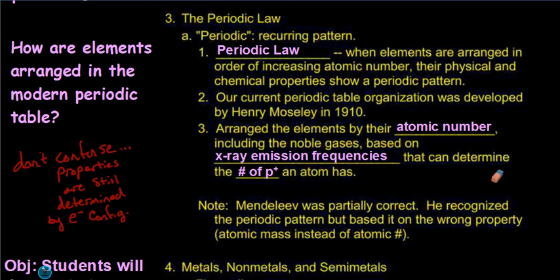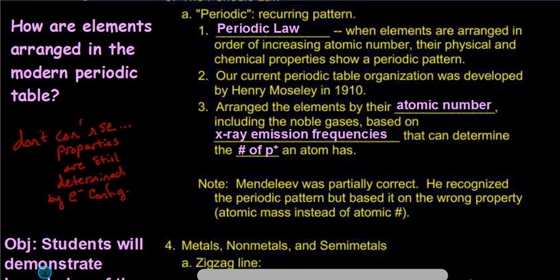He recognized that the periodic pattern was there, but he based his periodic table on a less accurate property of atomic mass than the exacting properties of the atomic number, because you're counting exact protons. Now mind you, don't confuse that the properties of the elements are still determined by electron configuration, but the number of electrons is determined by the protons.